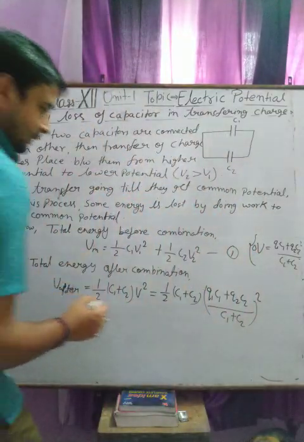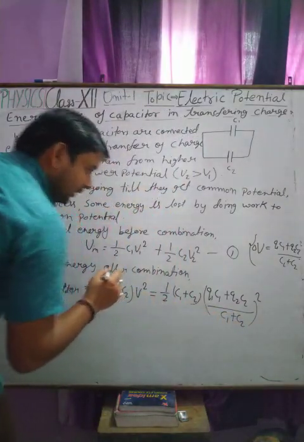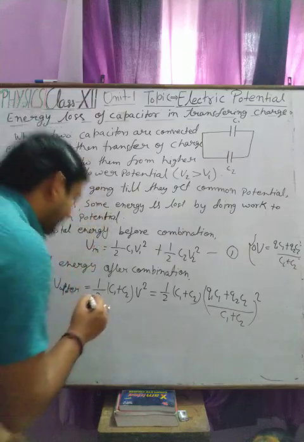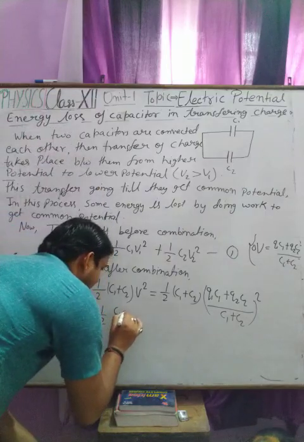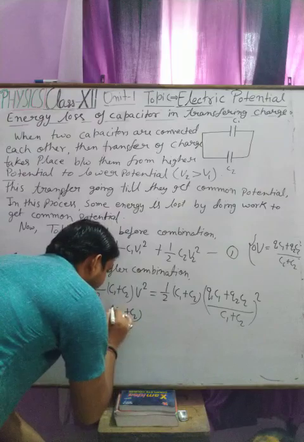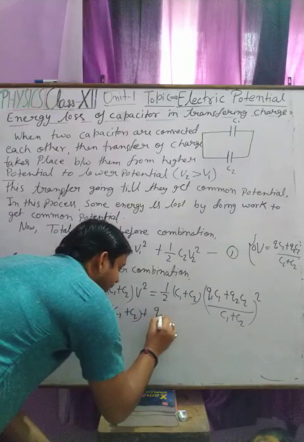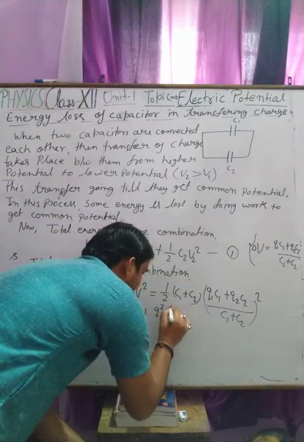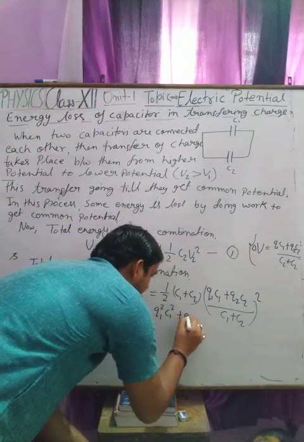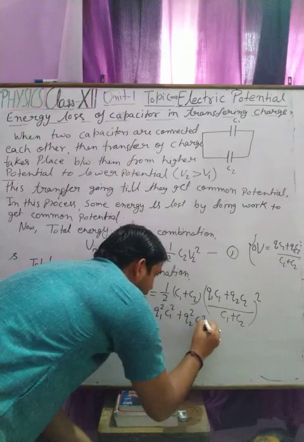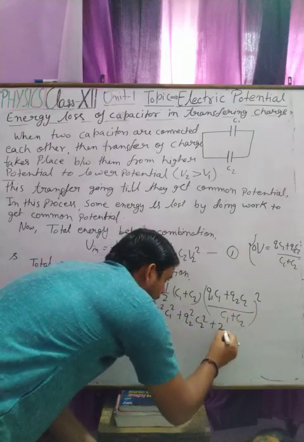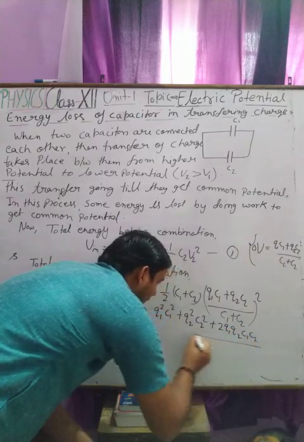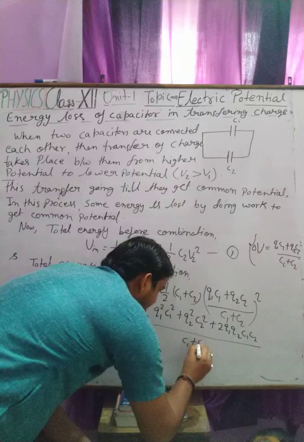On solving this, we get half C1 plus C2 times C1 square V1 square plus C2 square V2 square plus 2 C1 C2 V1 V2 upon C1 plus C2 whole square.